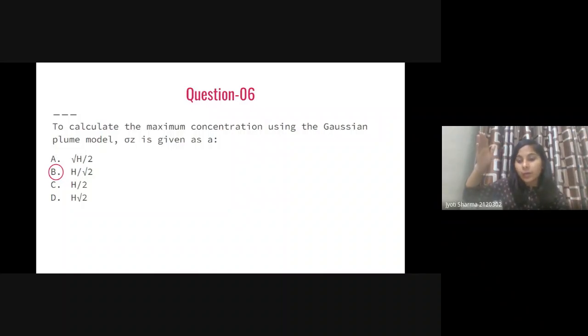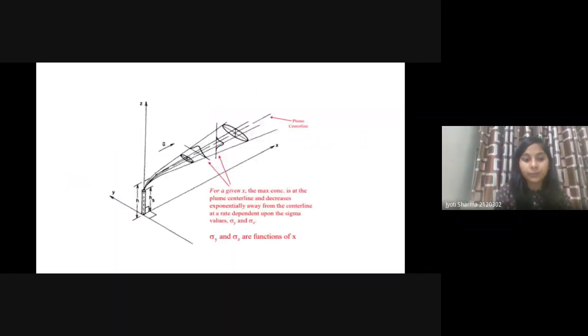If we are talking about that particular height, we have to again estimate the standard deviation in the vertical direction. So what should it be? It should be h upon root 2. Here we can see that for a given x, the maximum concentration is at the plume center line.